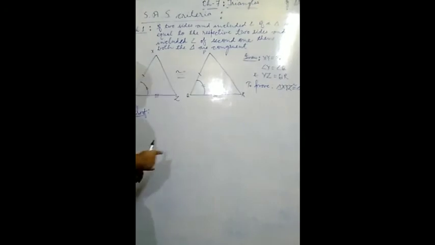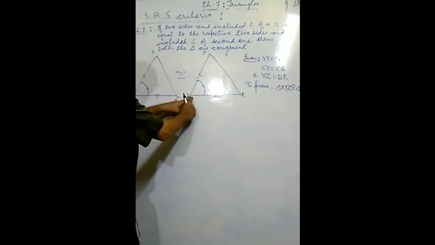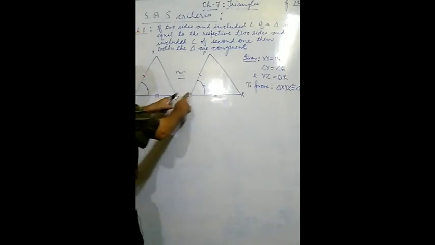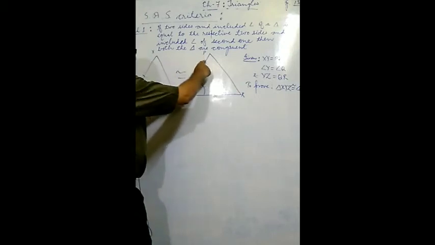This one is going along QR and Y is falling on Q. Since YZ equals QR, therefore Z will fall on point R. Again, since this angle equals this one, therefore XY will fall along PQ. Again see, since XY equals PQ, therefore point X will fall on point P.